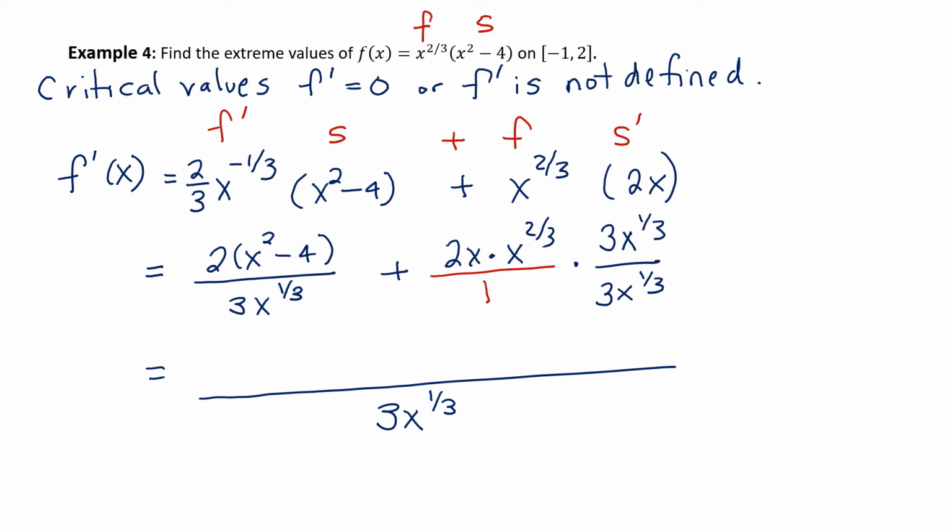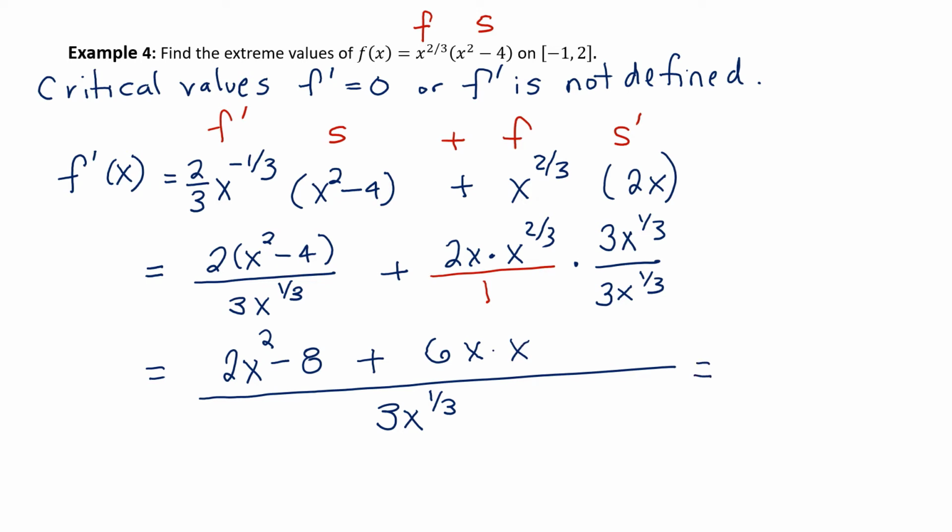Let's distribute the 2 on the first term, so we have 2x² − 8, plus, we distribute the 3x^(1/3) to the second term, which just means multiply it out. 2 times 3 is 6 times x, and x^(2/3) times x^(1/3) is just x.